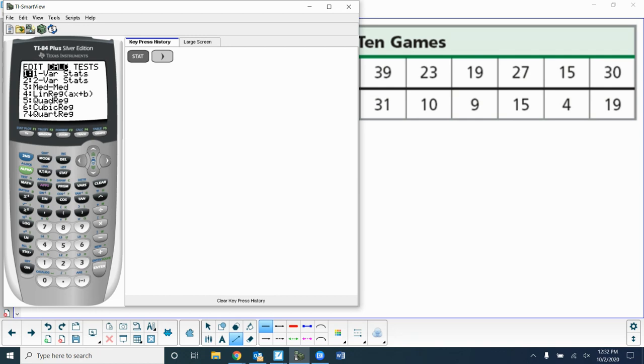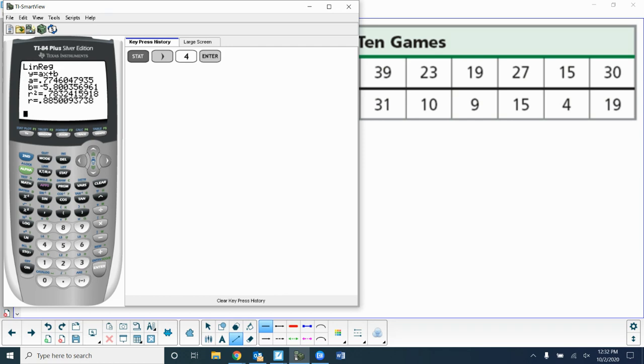Stat, calc. All right. I already downloaded. So you're where we are, basically. All right. These are called linear regressions. Look at number 4. It says LinReg, right? So hit 4 and then hit enter.